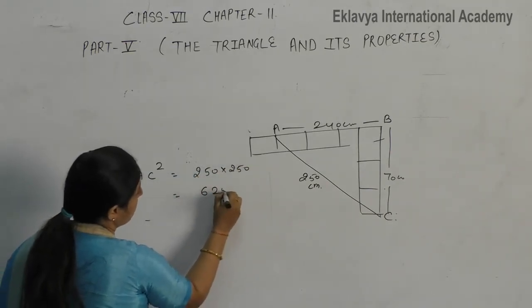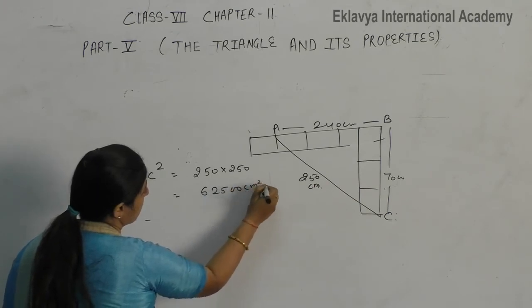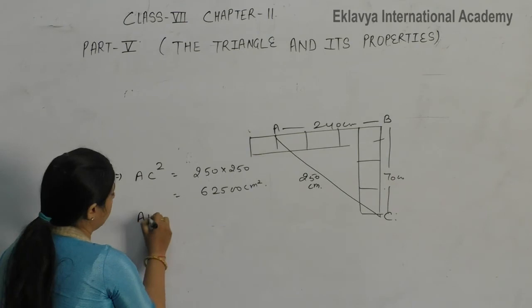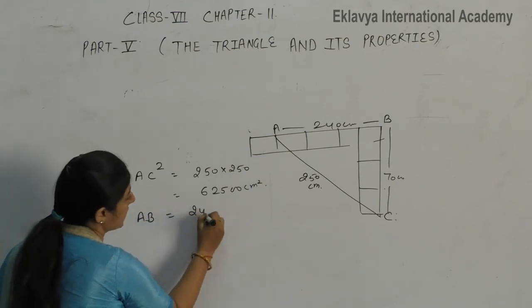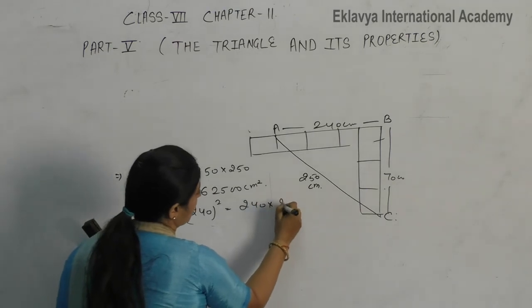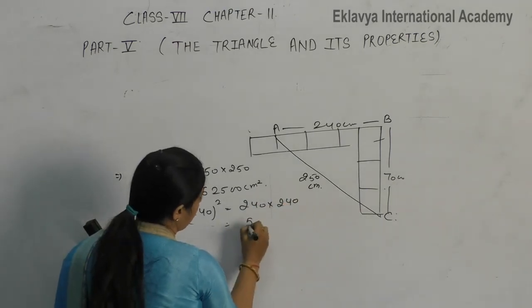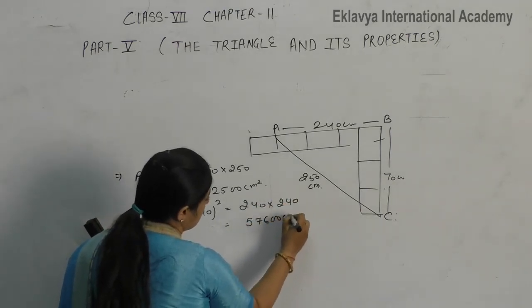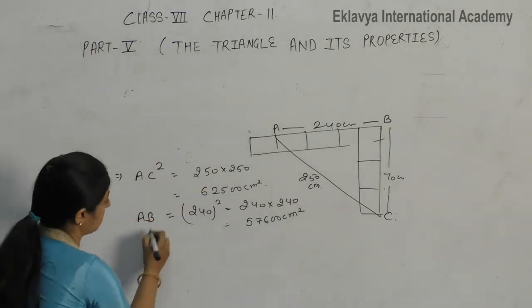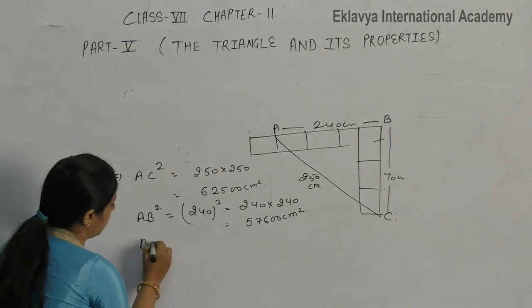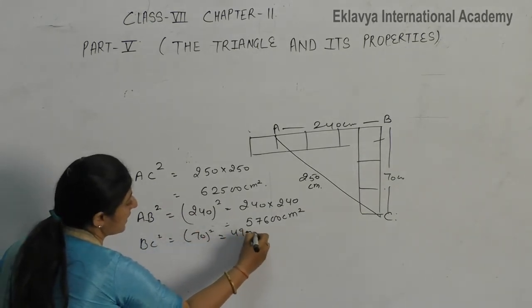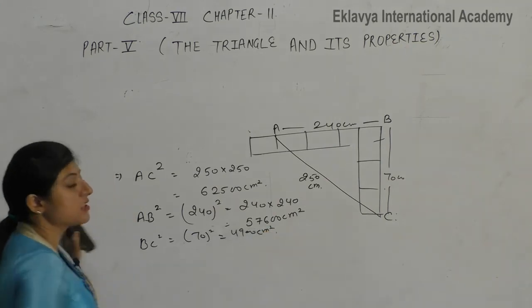It becomes 62500 centimeter square. Then AB is equal to 240, 240 square, it means 240 into 240, 57600 centimeter square. Now BC square, 70 square, that is equal to 4900.